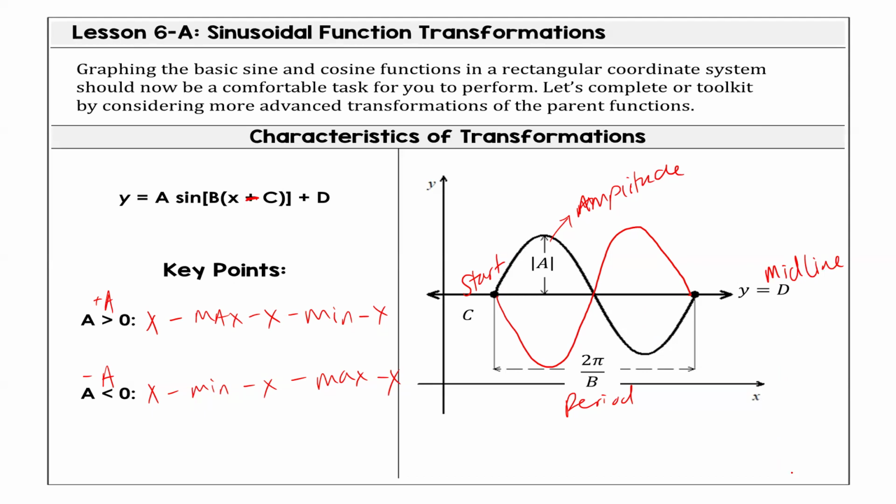When there is no D, where's our midline at? 0. But when there is a D, it now has to move. Are we okay? Oh, crazy. See why we're making these connections now?